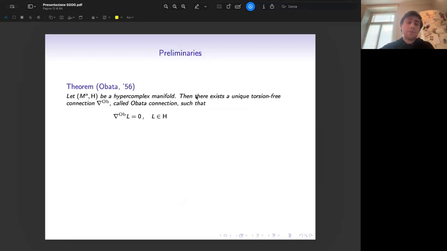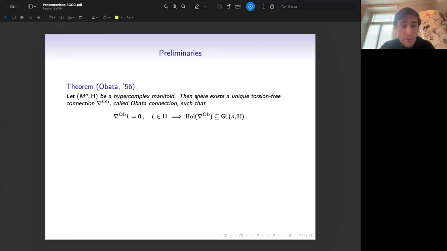Okay, so once we have a hypercomplex structure, we obtain naturally a canonical connection, which is called the Obata connection, which is just defined as the unique torsion-free connection which preserves all the complex structures in H. And once we have this, we can say something about the holonomy, of course.